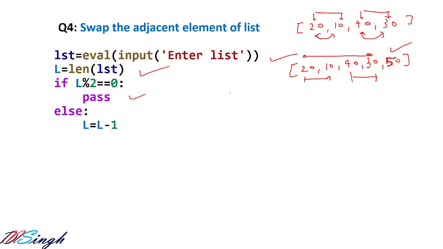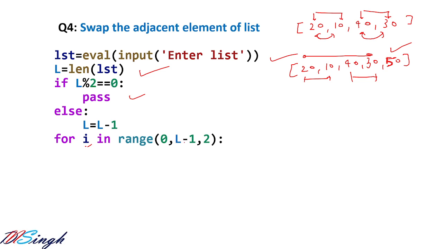Once we have set the area where we want to work, the index length where we want to work, we are going to iterate through the indexes of that list. So we are going to use a loop variable i in range 0 to L minus 1, because what is the stop index or last index?